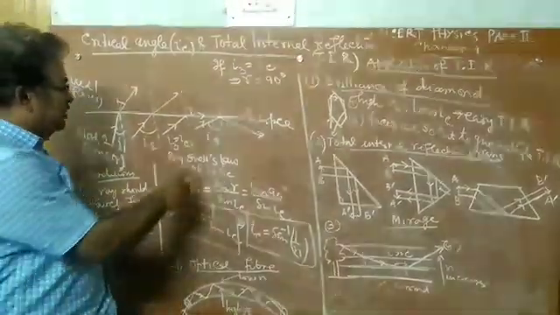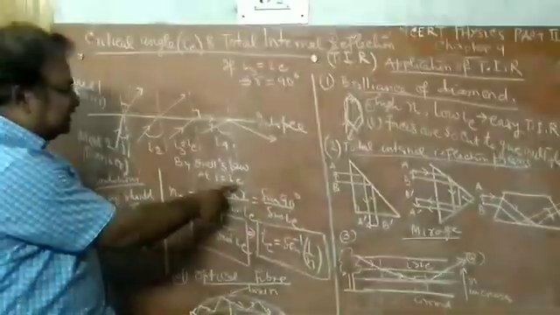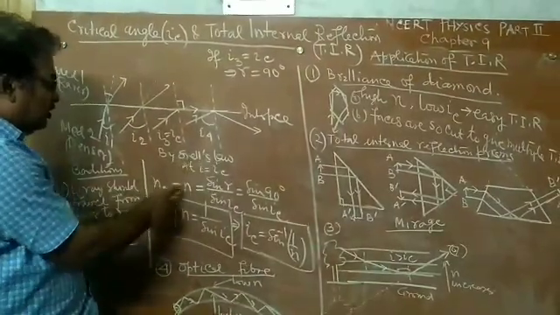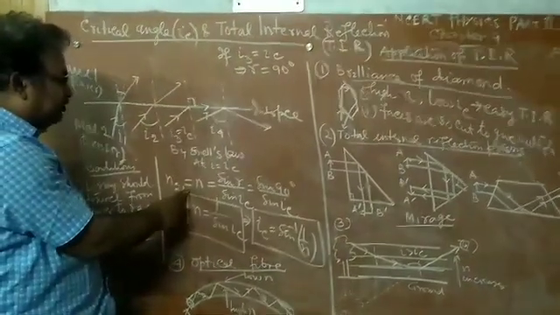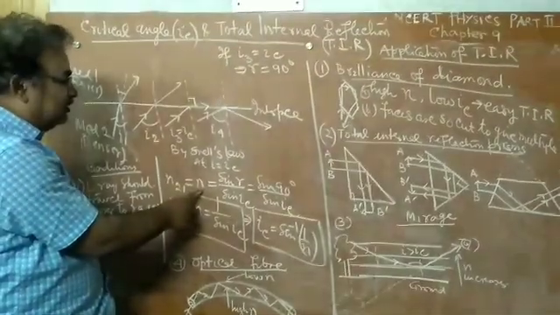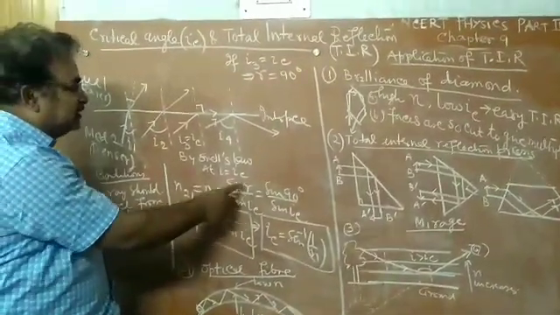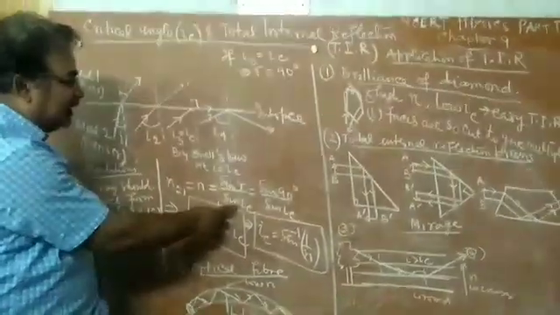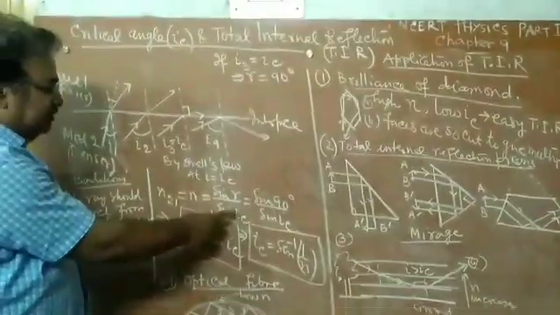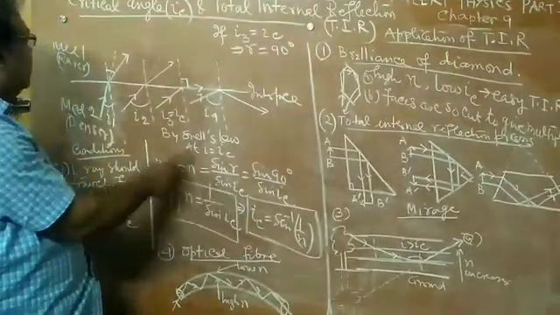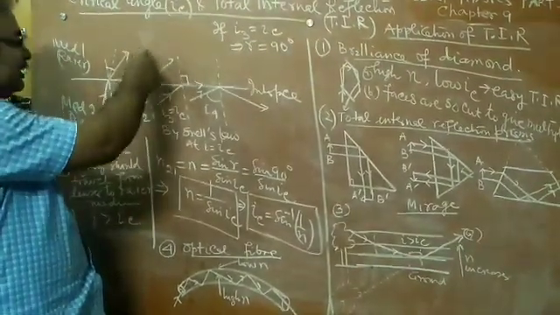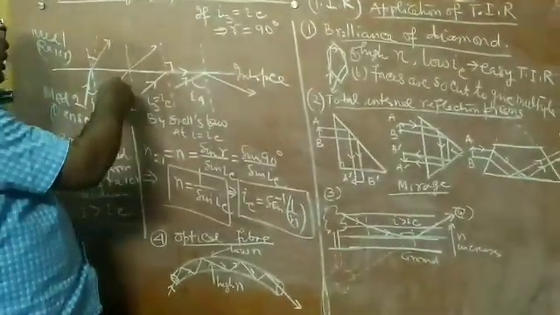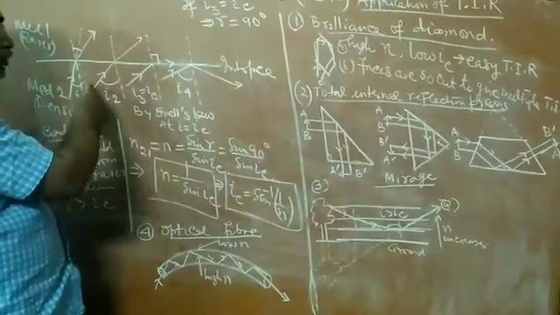Now at I equal to IC, the critical angle, by Snell's law, the refractive index of medium 2 with respect to 1, denoted by n, which is greater than 1, is given by sin R by sin I, that is, sin IC. Sin I means sin IC, because the ray is traveling from medium 2 to medium 1 and we are taking refractive index from medium 1 to medium 2.